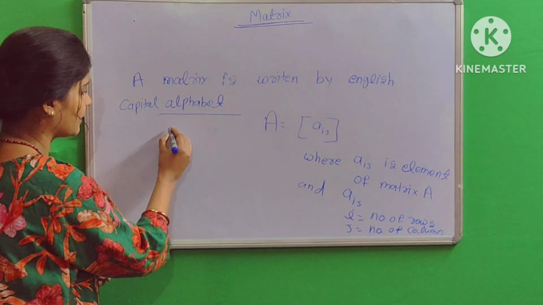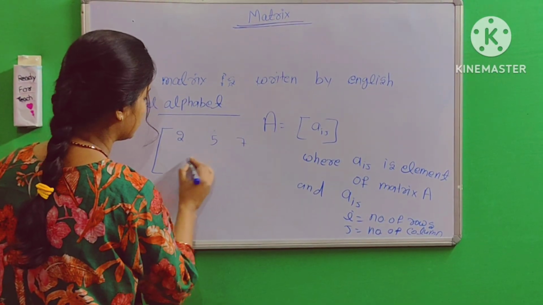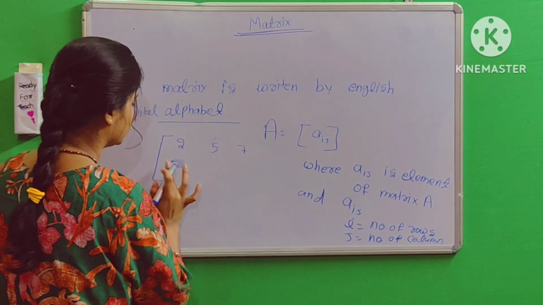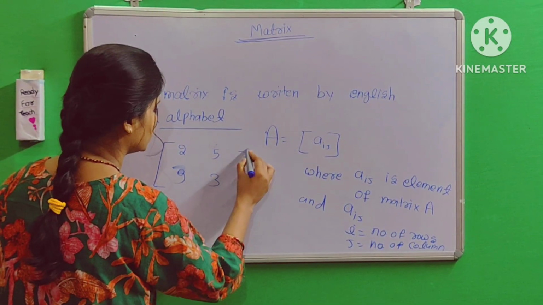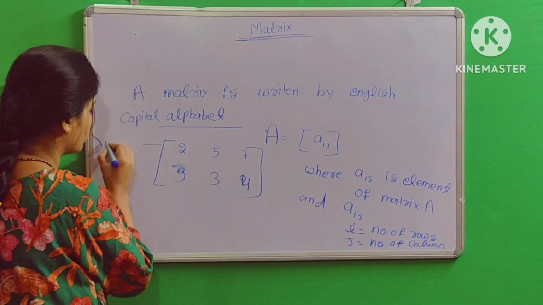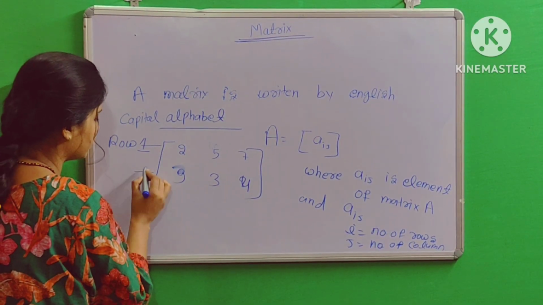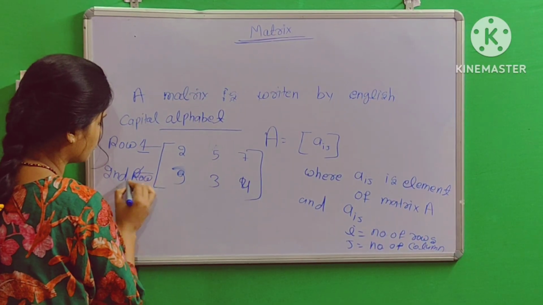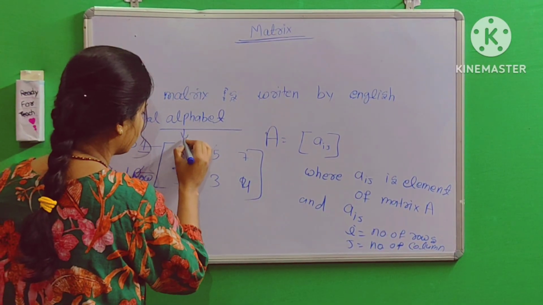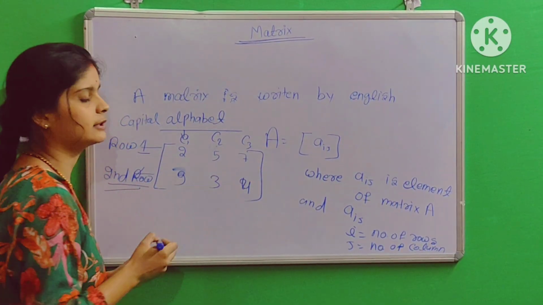Look at another example. If we have 2, 5, 7, 9, 3, 2, 4. This is our first row and this is our second row, and this is our first column, second column and third column.